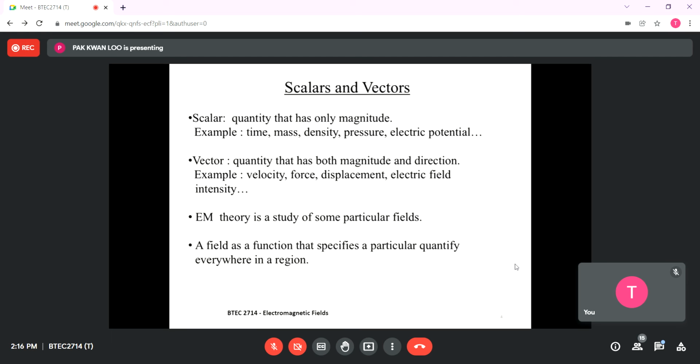In other words, the temperature function in your room is a three-dimensional function, x, y, z for example. So fields must have a function that describes a quantity at a point.